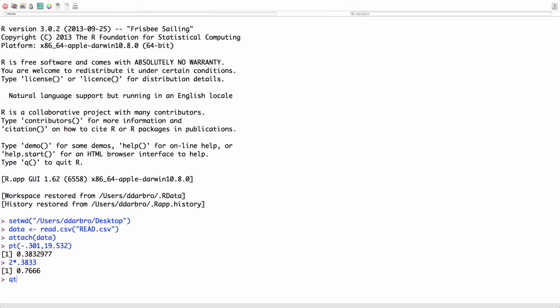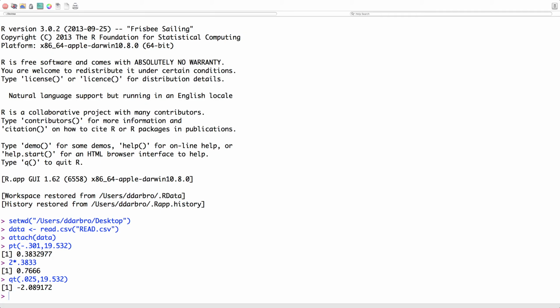So if I do QT 0.025, remember QT finds a score from the distribution given a particular characteristic. This characteristic that we want is 2.5% below with the degrees of freedom 19.532.